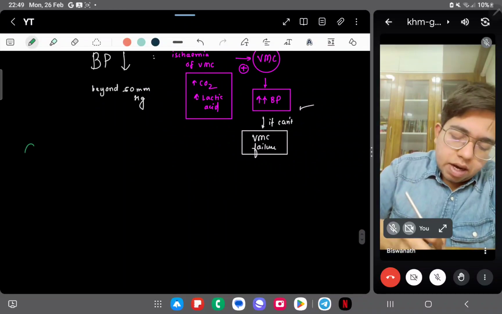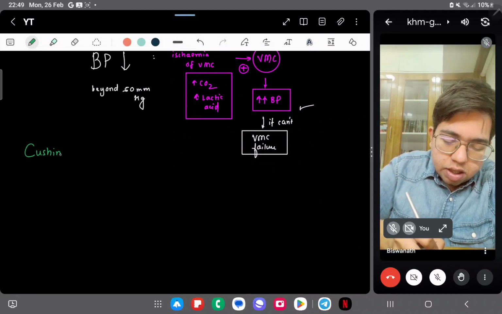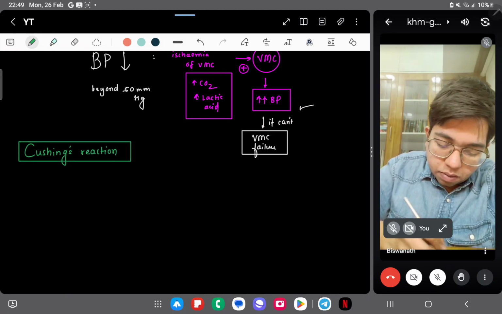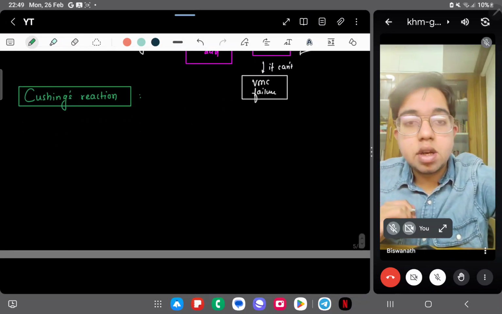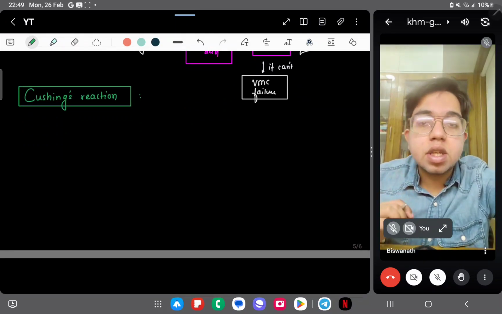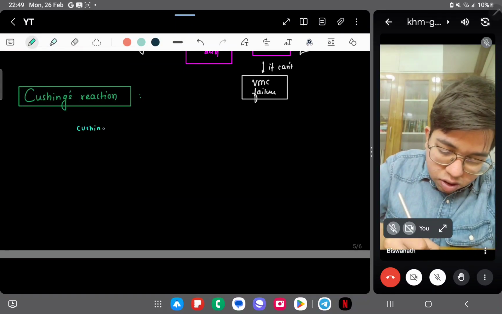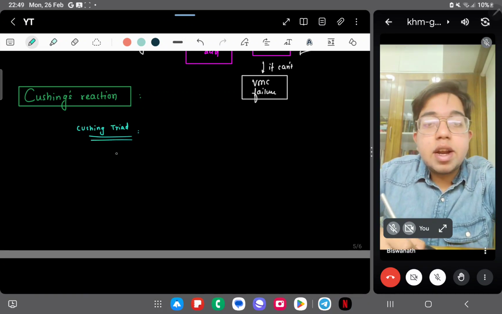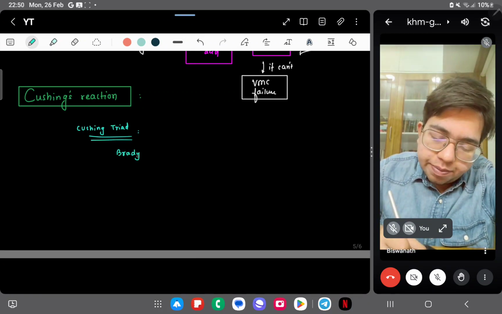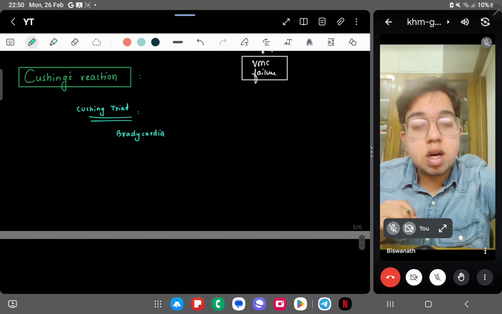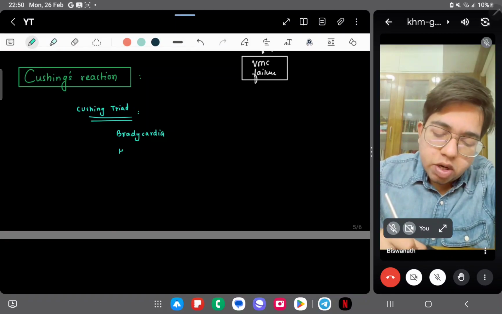You must have heard another thing which is called the Cushing reflex or Cushing's reaction. In Cushing's reaction, we have something called the Cushing triad. Cushing triad, what do we have? We have bradycardia, a decrease in your heart rate, bradycardia below 60.